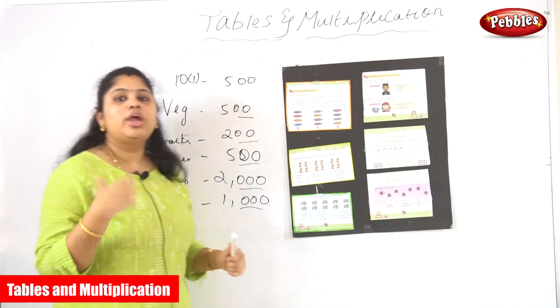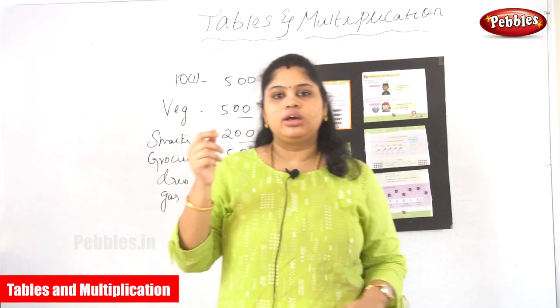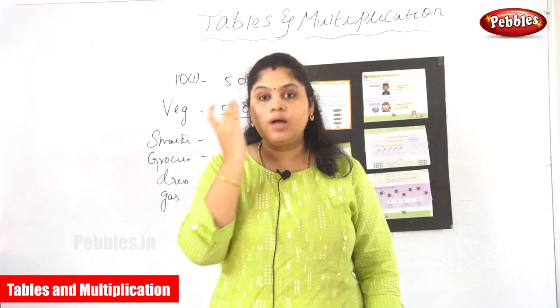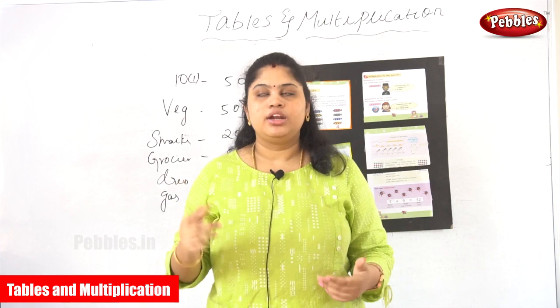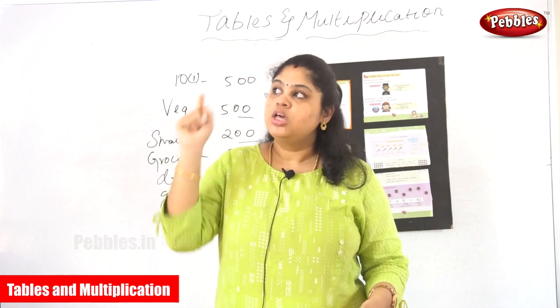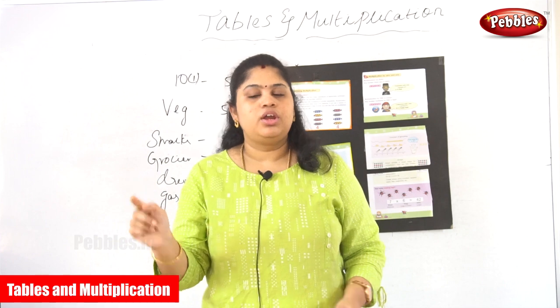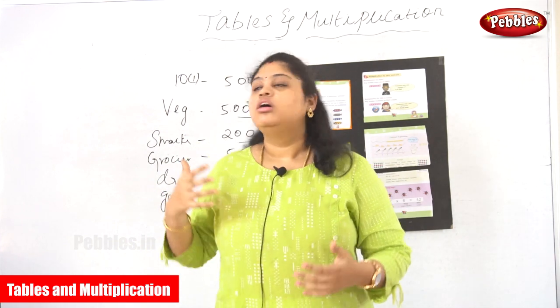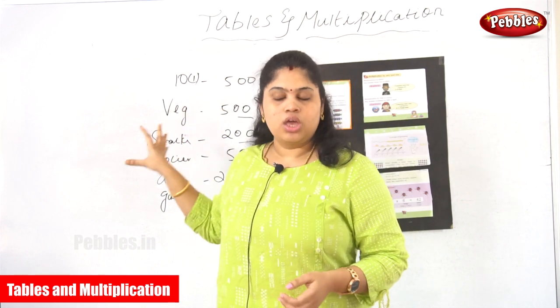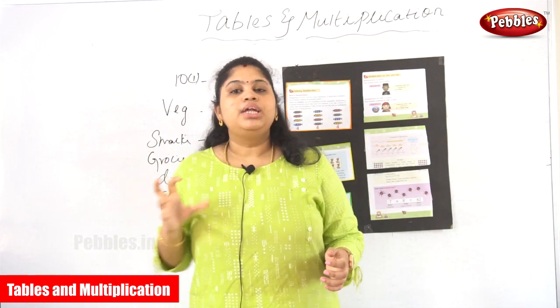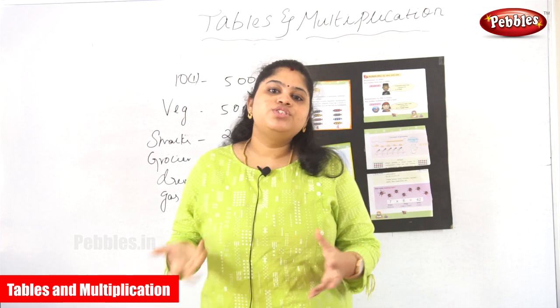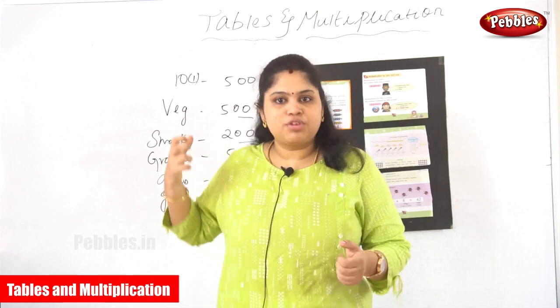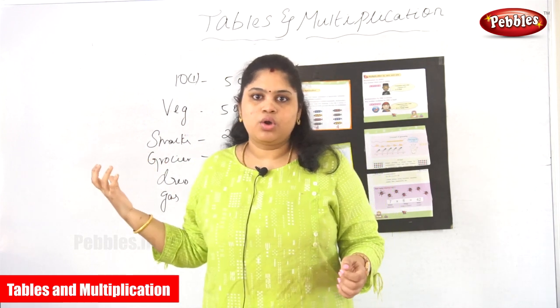You cannot keep on adding the repeating numbers: 500 plus 500 is 1000, 1000 plus 500 is 1500. Multiplication is like a hero that helps us in these difficult situations.